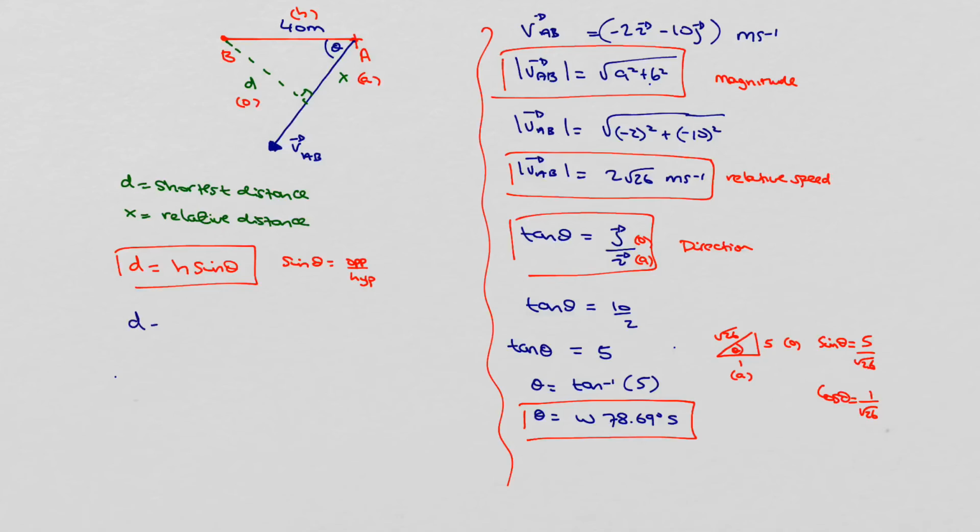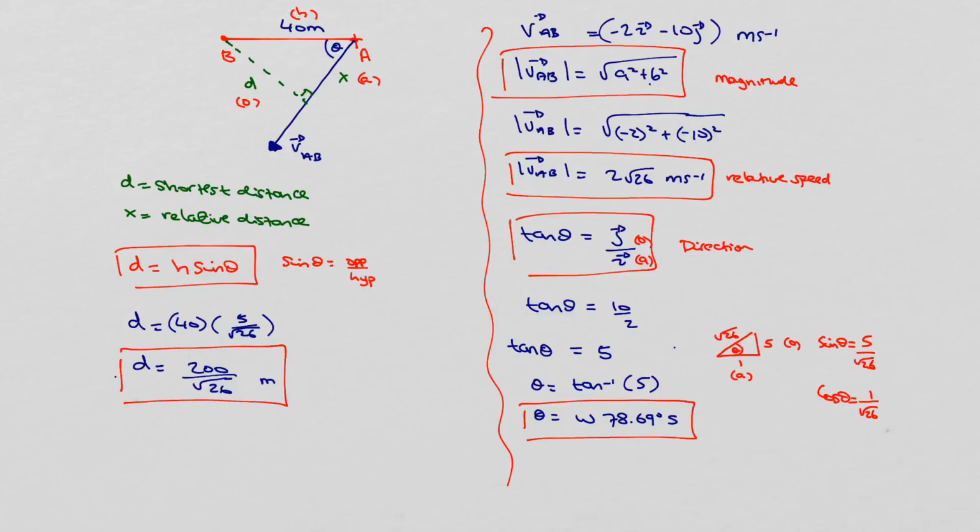So for our shortest distance, d is going to be equal to 40, our hypotenuse, times sine theta. And we've said over here that sine theta is 5 over root 26. And therefore that simplifies down to give us 200 over root 26, and that's in meters. So now we have the shortest distance.